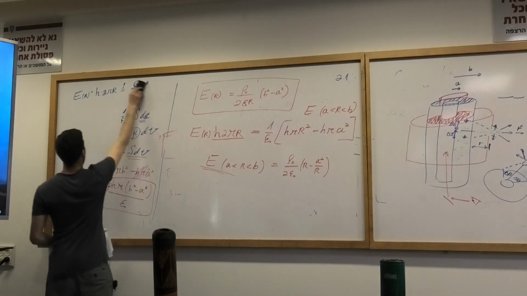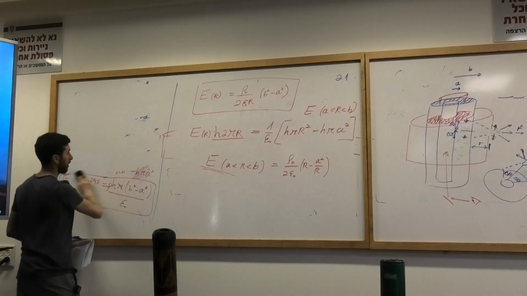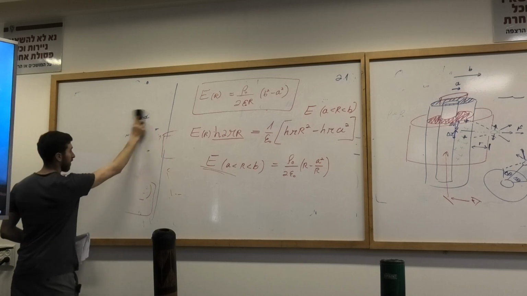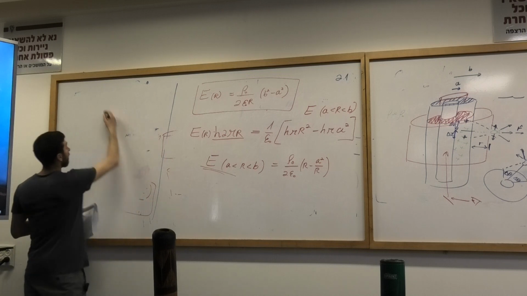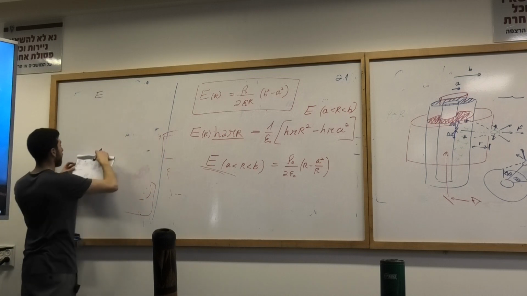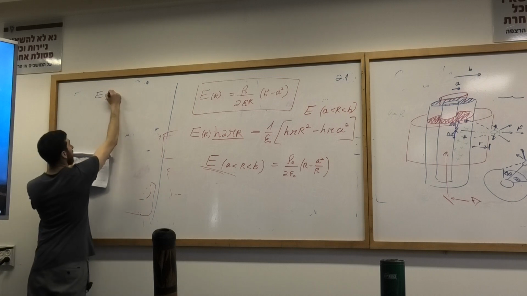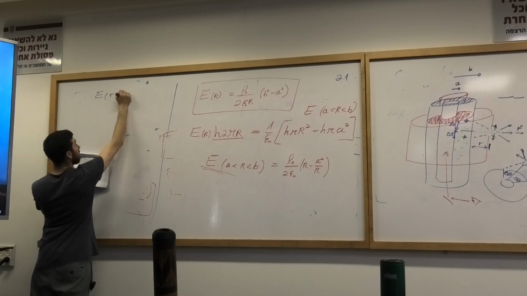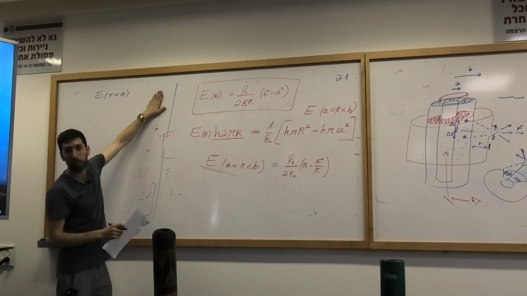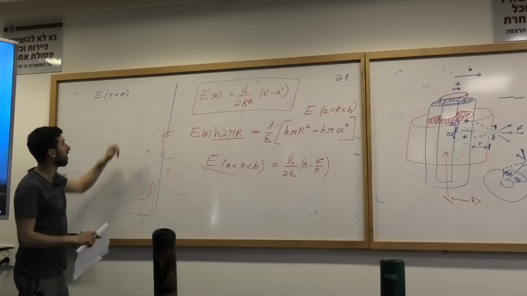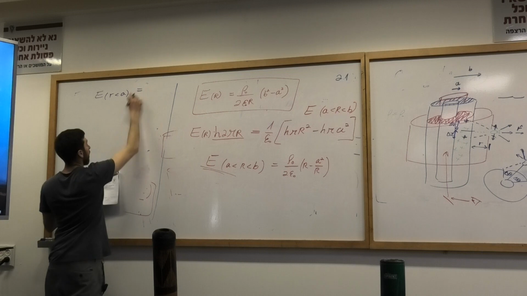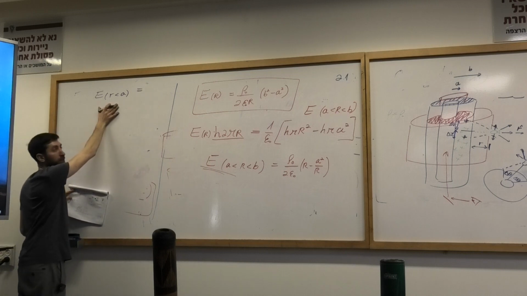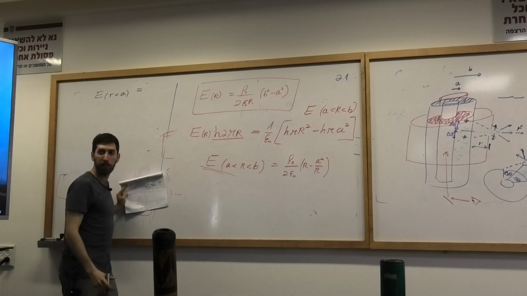So right now I'm looking for the electric field for r that is smaller than a. This is what's going on in the air in the middle. We can do the same thing again here, but what is the charge inside?